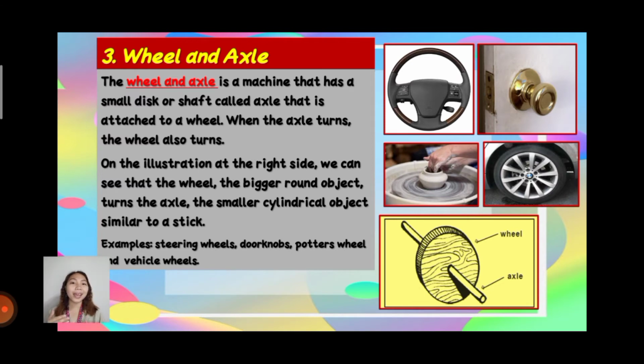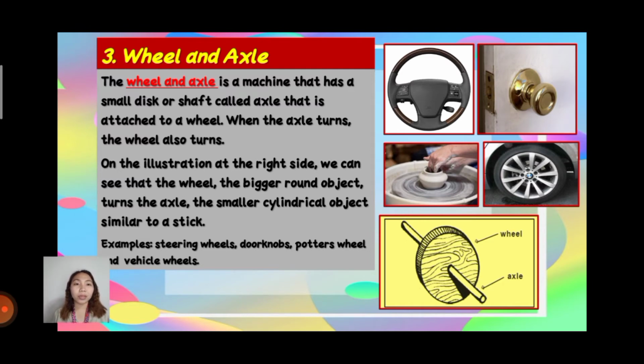Kung ni-turn na gani ang axle, ni-turn po na ang wheel. Okay? So look at the illustration at the right side. So we can see that the wheel is a bigger round object. Okay, dako siya kaysa axle. So, the bigger round object turns the axle, the smaller cylindrical object, similar to a stick.